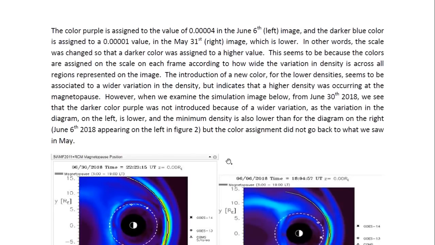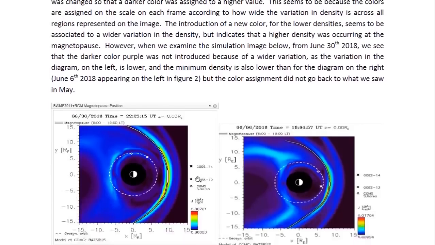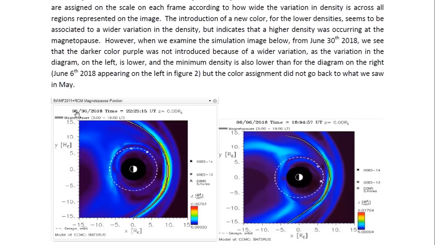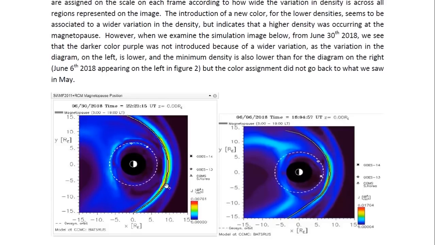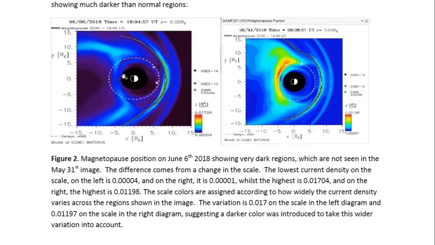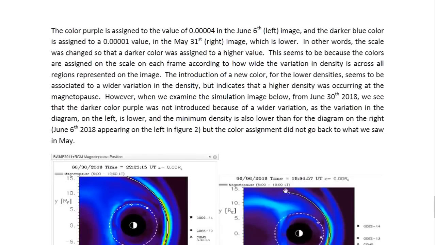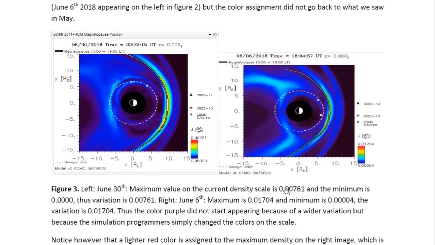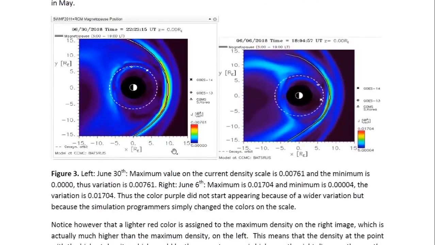But that is not actually the case, because if we look at the image here, which is from June 30th, and we compare it with the one we had on the left, the one from June 6th, and we look at the scales again, the lowest number on the scale is now 0.